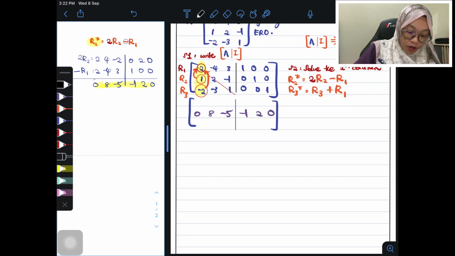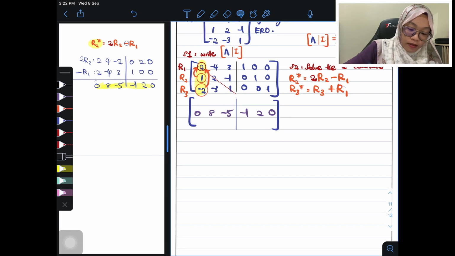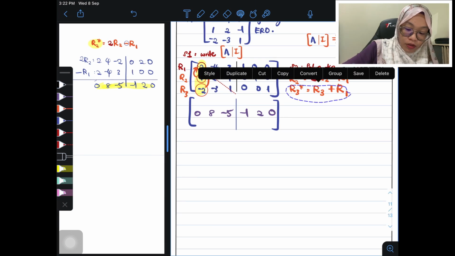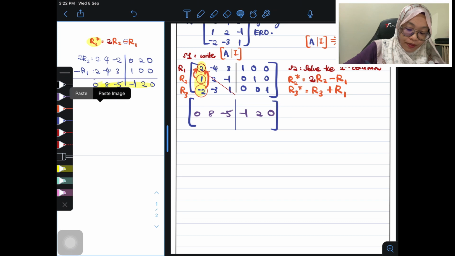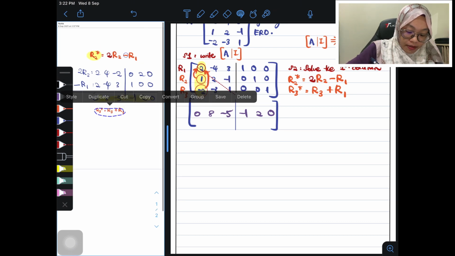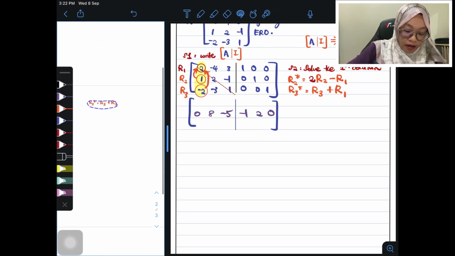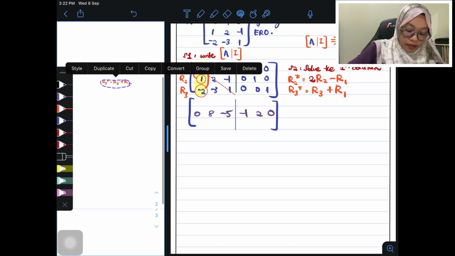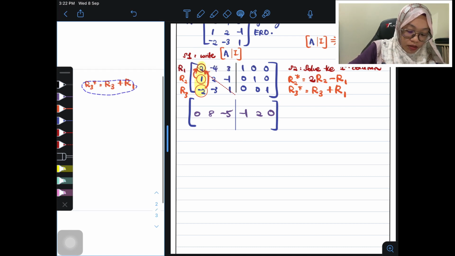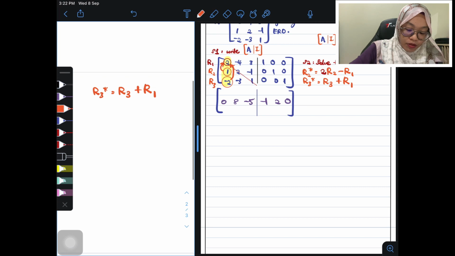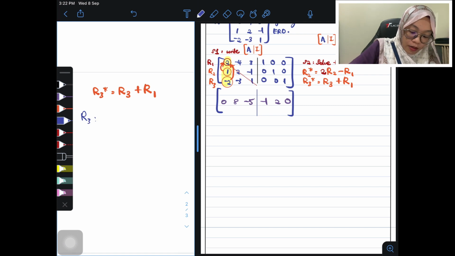Alright, so now let's do the new third row pula. I copy and then I paste here. I want to show you guys how can I find the third row, the new third row slowly by my own style. Okay, so cara saya ni memang step by step lah, dengan sangat slow lah cara saya ni.